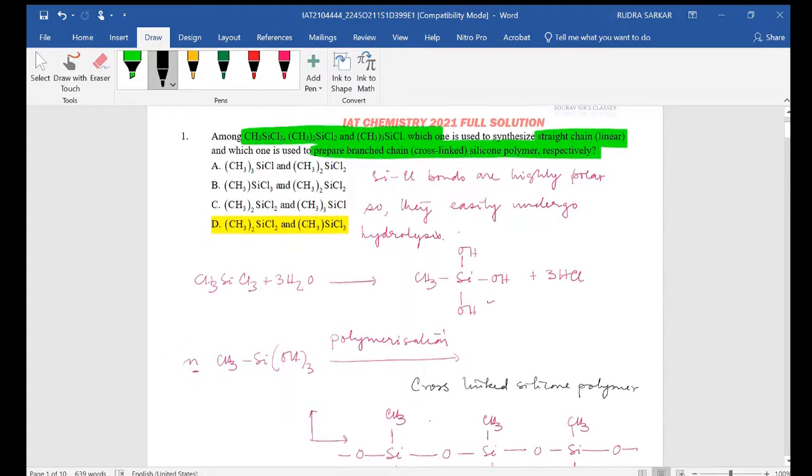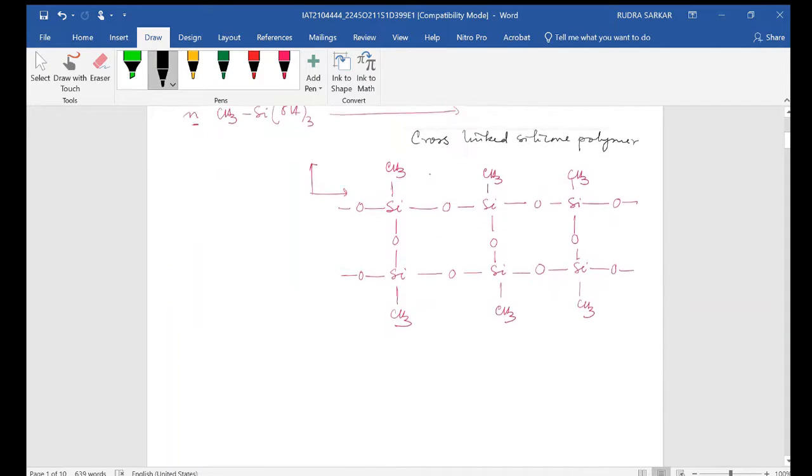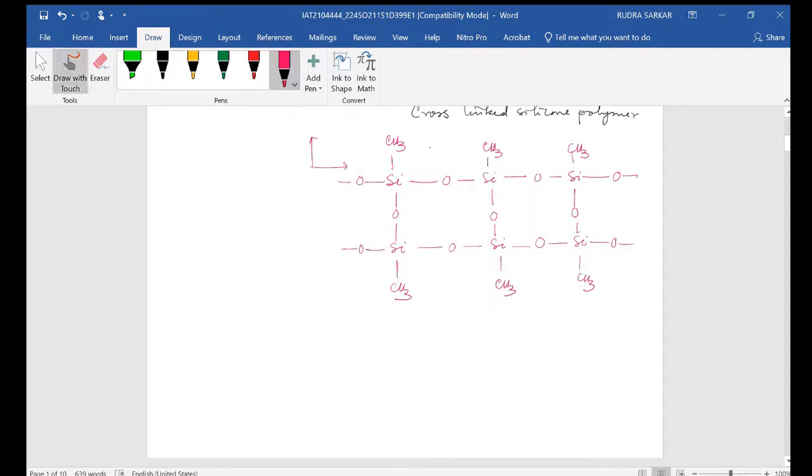Now, if you look at the next molecule, which is (CH3)2SiCl2, let's consider that one. This is (CH3)2SiCl2.